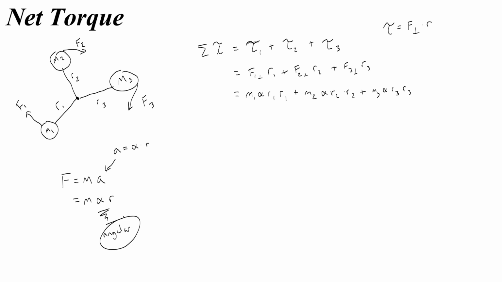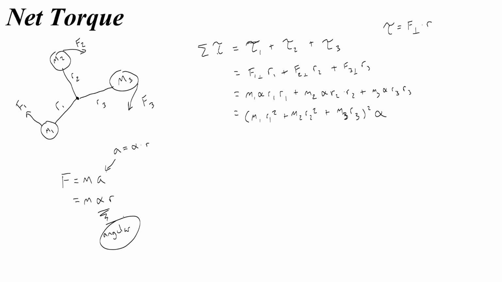Okay, now let's talk about this nasty equation that we've created. Since alpha is a shared value, we can pull it out. And we will have, in parentheses, m1 times r1 squared, plus m2 times r2 squared, plus m3 times r3 squared, all times alpha.